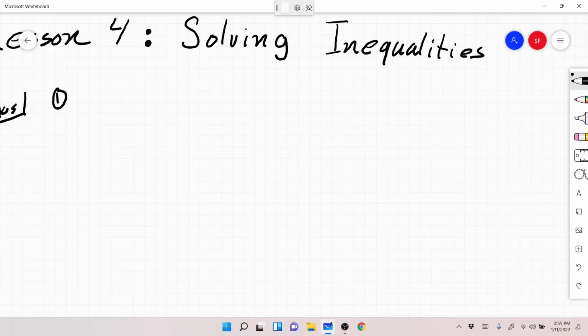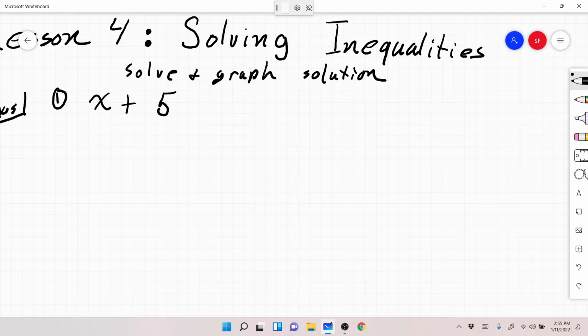No. Okay, so example number 1. X plus 5 is greater than 12. For all of these, we're going to solve and graph the solution. Here's how we do these, with one exception, which we're going to see soonish.